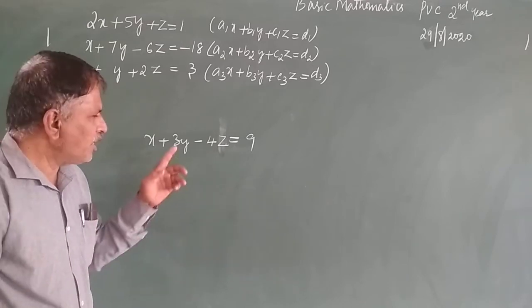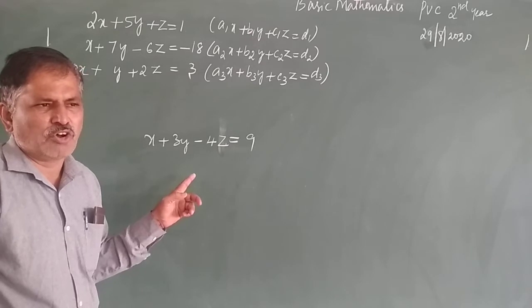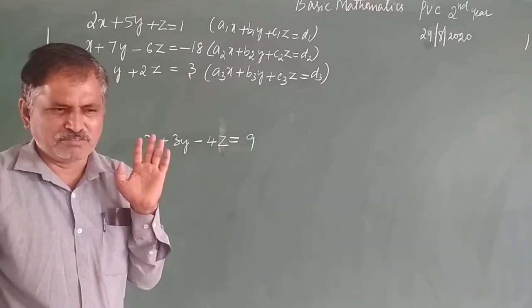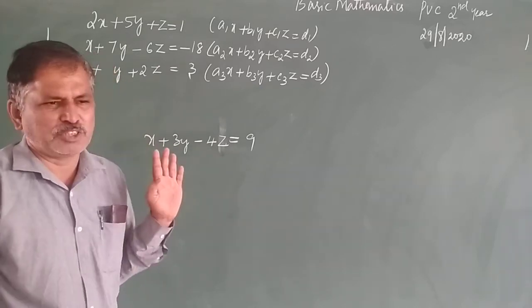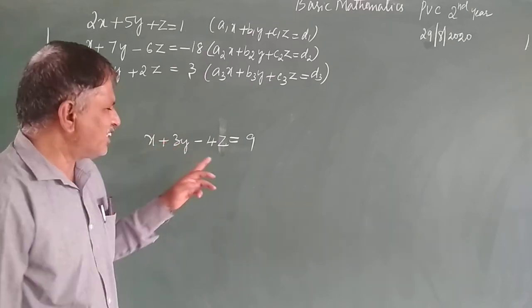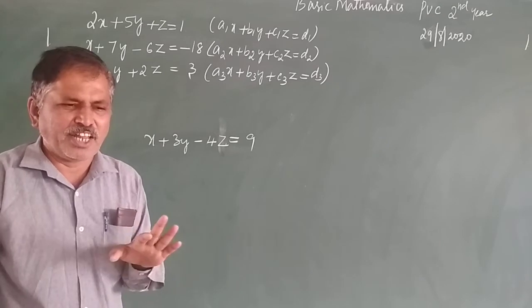Remember, even though the question is wrong, you are not supposed to change the question. You don't have any powers to write anything on the question paper except your register number. Thinking that z is missing, I will write z, then I'll get the right answer.